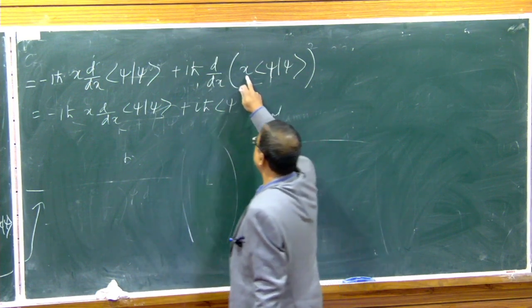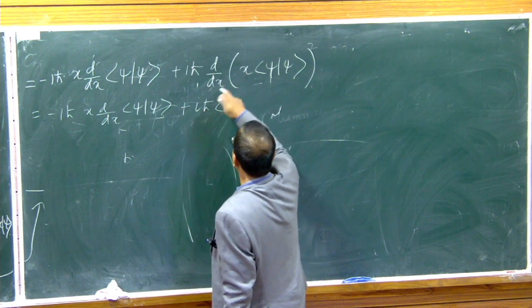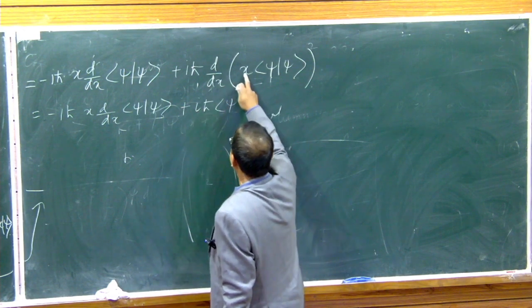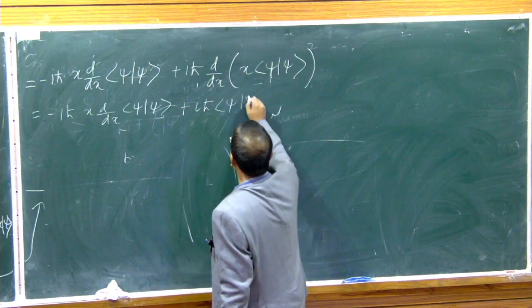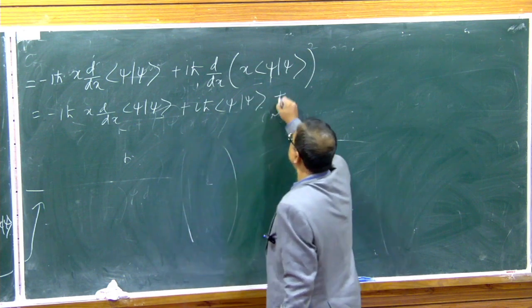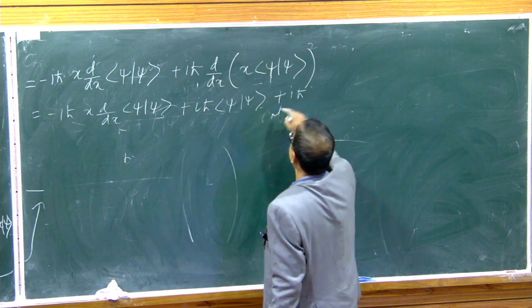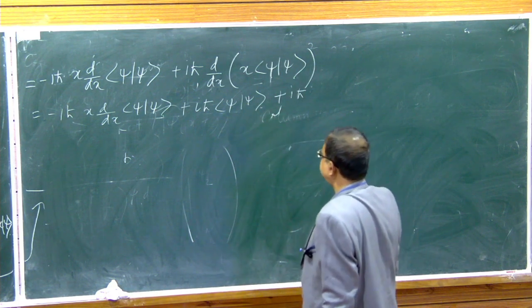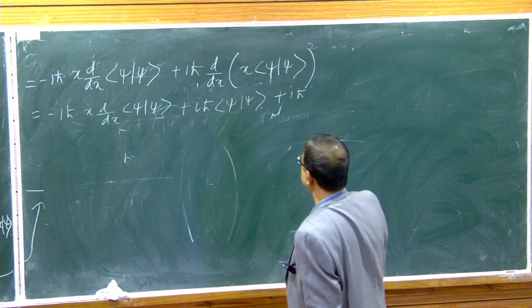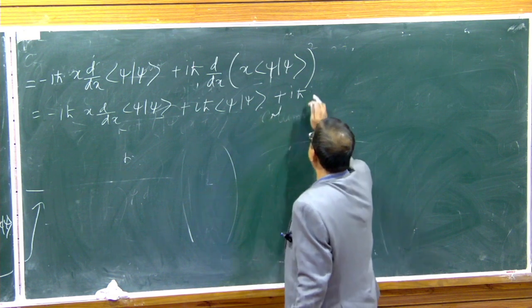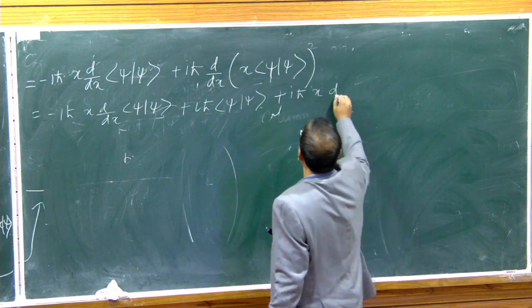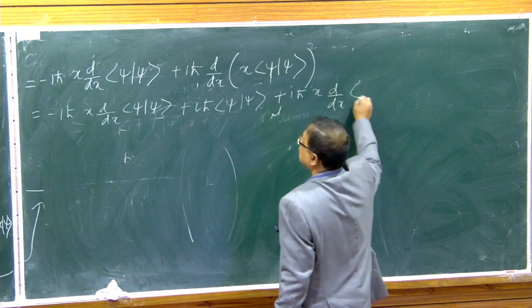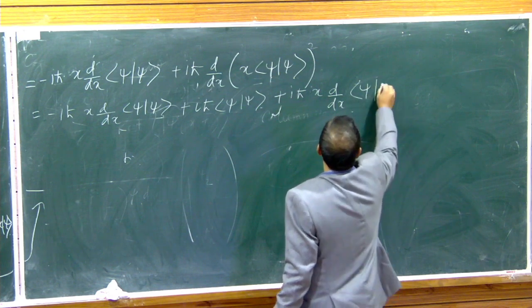First I take a derivative of x with respect to x, so that gives you 1. And then there is a plus iħ, then I keep that x the same and take a derivative of psi.